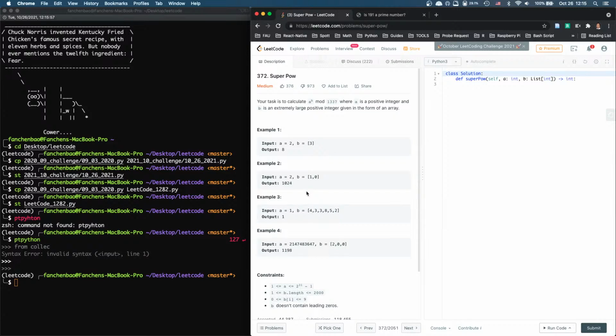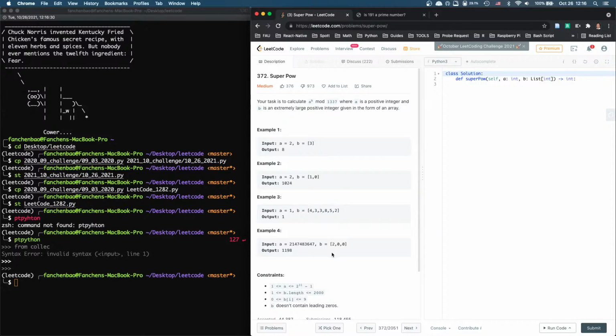So if we keep doing this, at a certain point, R squared will be bigger. So basically the question is to find the remainder of A mod 1337, and that value will be smaller than 1337.